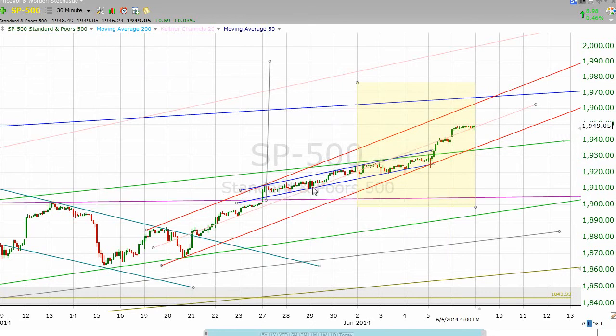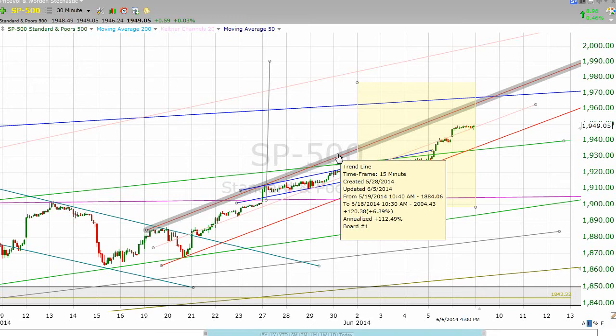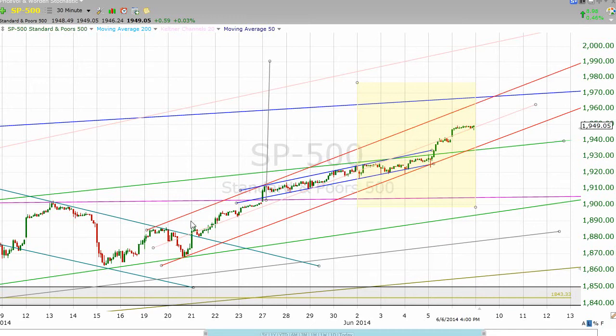Then we started to go sideways with a slightly upwards bias. We've had this line on the chart for quite a while. This is a trend line drawn across this top and this top down here, just kind of on a lark.